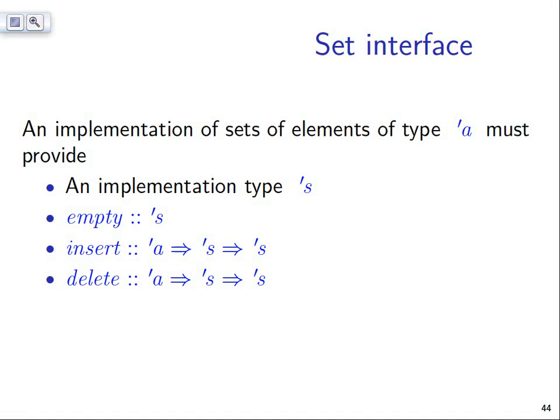You expect a delete function that takes an element and a set and gives you the new set where the element has been removed. And the isin function that, given a set and an element, tells you whether the element is in the set or not. This is what the interface to a set data type should provide at the very least. Of course, there are many more functions you might want to have, but we will focus on this minimal interface.